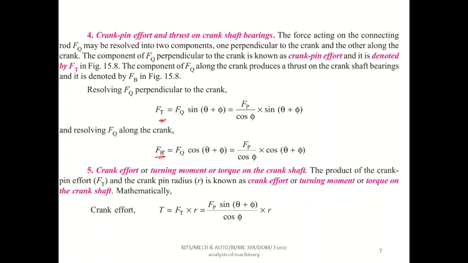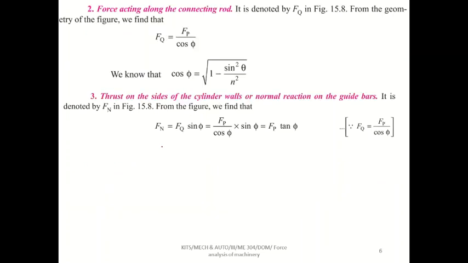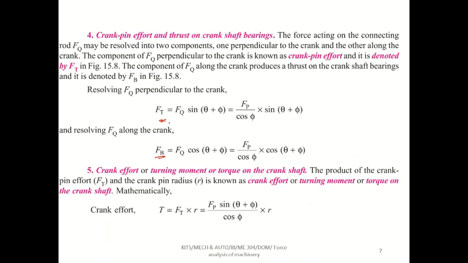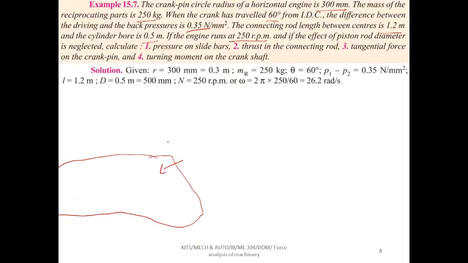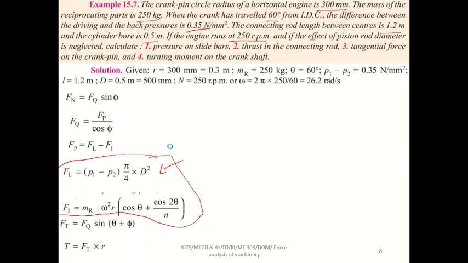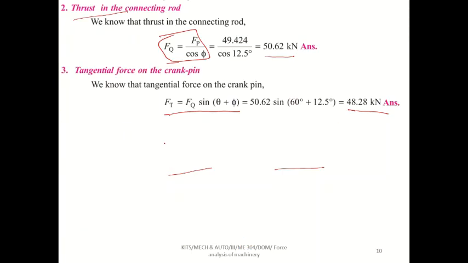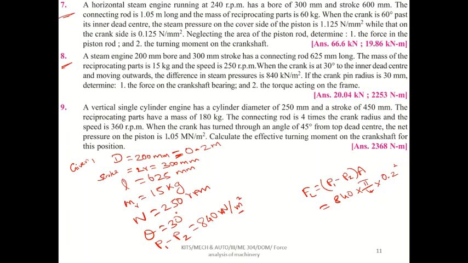These two forces you have to find out. FT and FB you have to find out. Then the torque T value you have to find out. You have to find out FB and the torque value. Two values you have to find out.